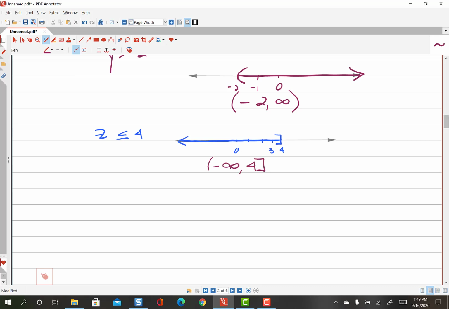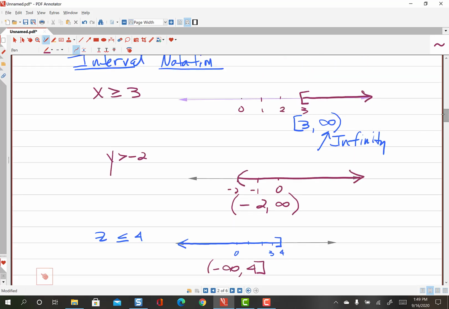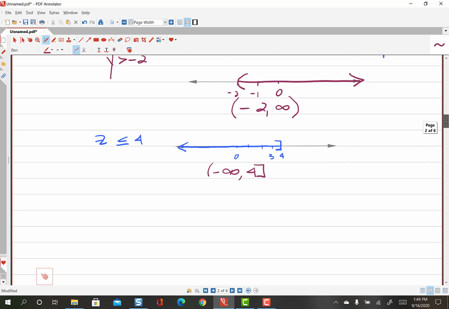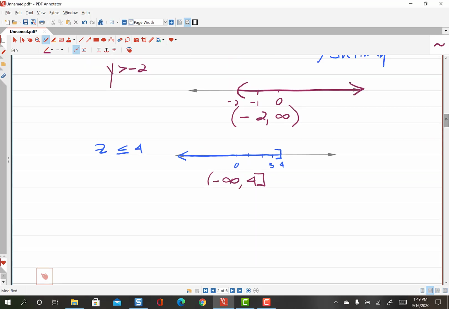Now, some of you who are a little bit more observant might say, okay, wait a minute. Why is the infinity on the right side here, but the negative infinity is on the left side here? That's a really good question. And sometimes people get interval notation written backwards. This is why I like using the number line picture, because if you can draw the picture, you're usually going to get the interval notation correct.